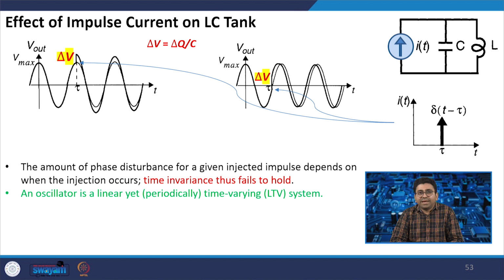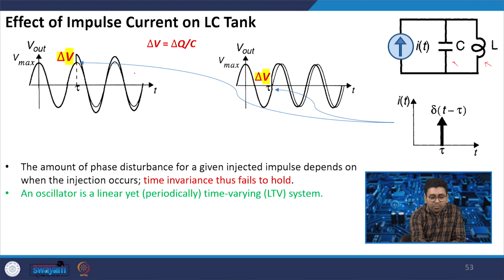So, this is an example in which there is an inductor and capacitor which has infused the current i(t). Now, if we have this impulse, which is considered as a delta function, delta(t minus tau), then at whatever place we add this impulse function, it will change either the amplitude or the phase accordingly.